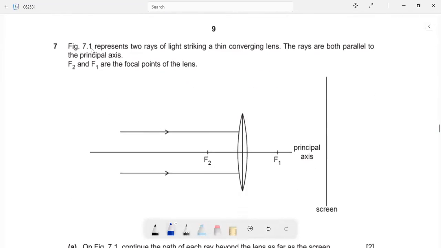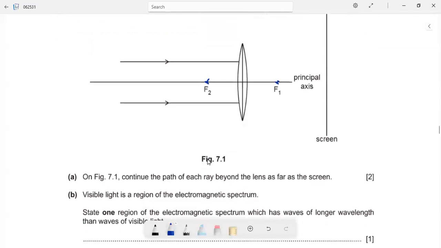Next, figure 7.1 represents two rays of light striking a thin converging lens. The rays are both parallel to the principal axis. So, F2 focus is mentioned here. We need to continue the path of each ray beyond the lens as far as the screen.